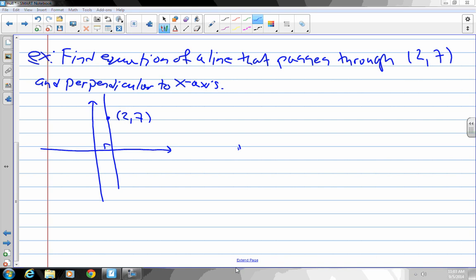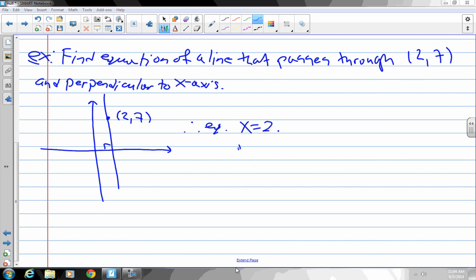So therefore the equation is x equals 2. Okay? So this is a really, really fast way to review the whole equation of a line business.